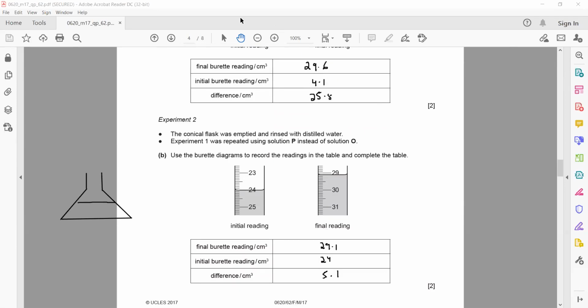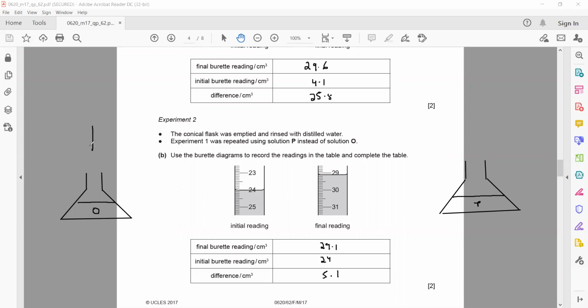How much HCl is required for the first reaction? You need 25.5 cm cube of HCl for a complete reaction. For the second reaction with P, you need only 5.1 cm cube of HCl for a complete reaction.